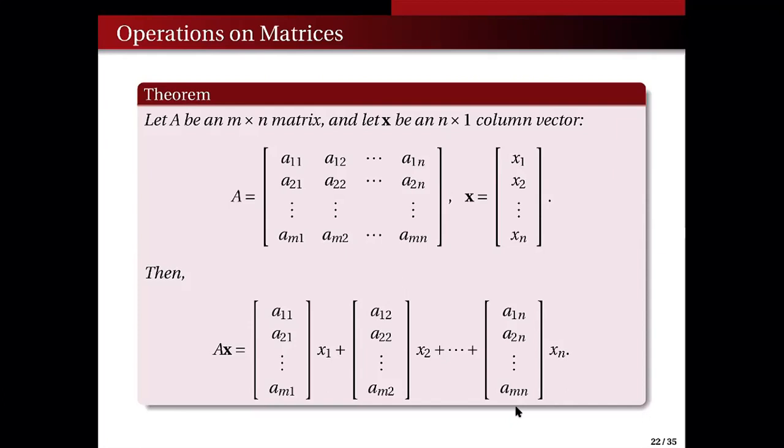It's like a linear combination of the columns of A. So AX is a linear combination of the columns of A with coefficients x1, x2 until xn.